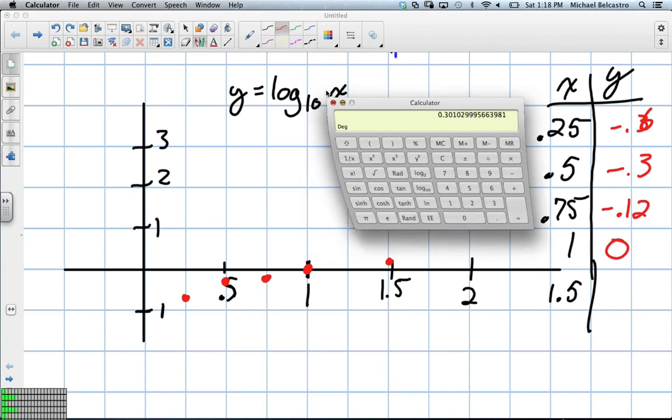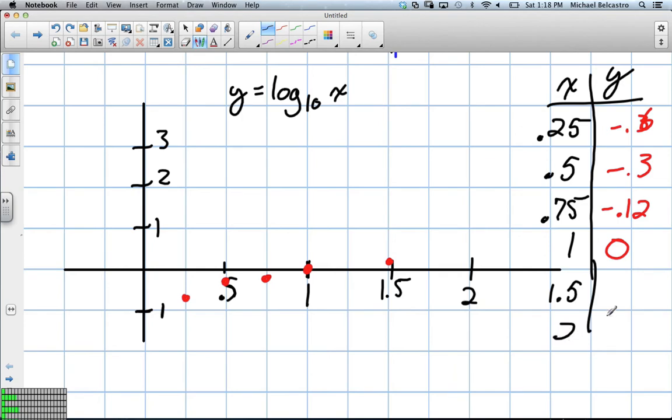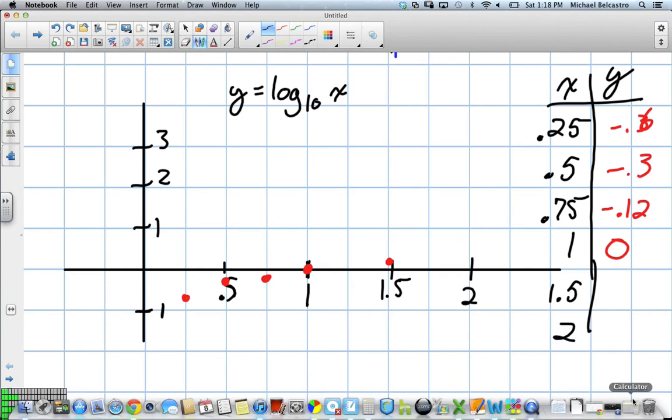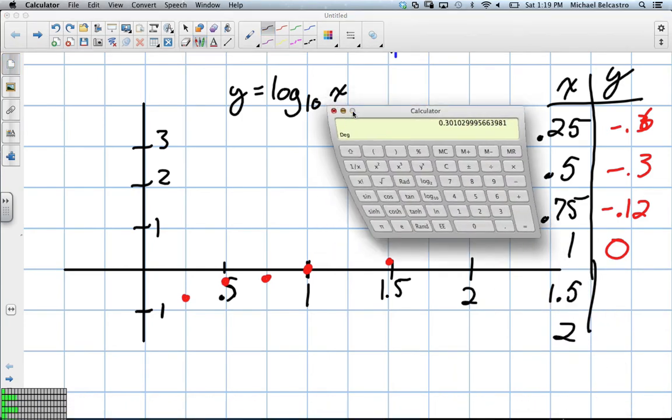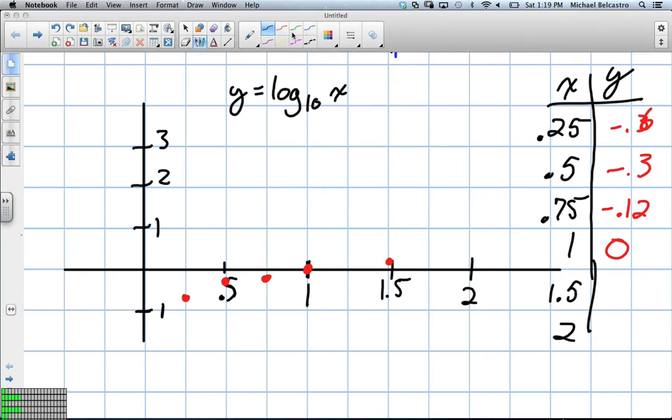So you noticed here it's not as large of a change. This one was, what did we say it was? 0.3, right? So this one was 0.17, and this one's 0.3.